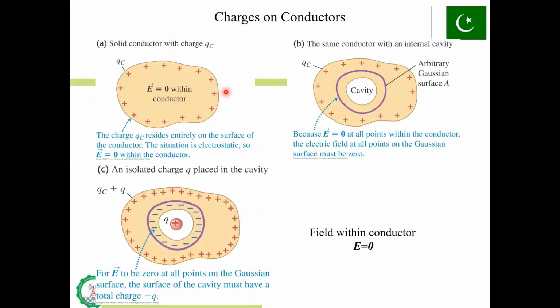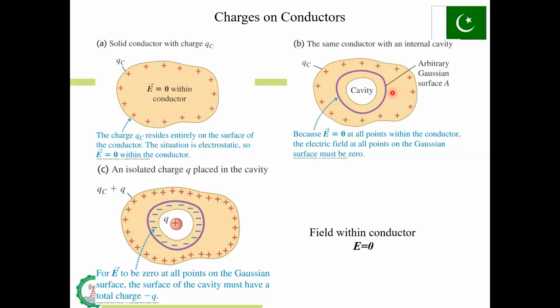Charges on a conductor are shown in this figure A, B, C, D. Here in figure A, the electric field intensity within the conductor is zero, and outside of the conductor there are charges. So QC resides entirely on the surface of the conductor. The situation is electrostatic, so electric intensity will be zero.